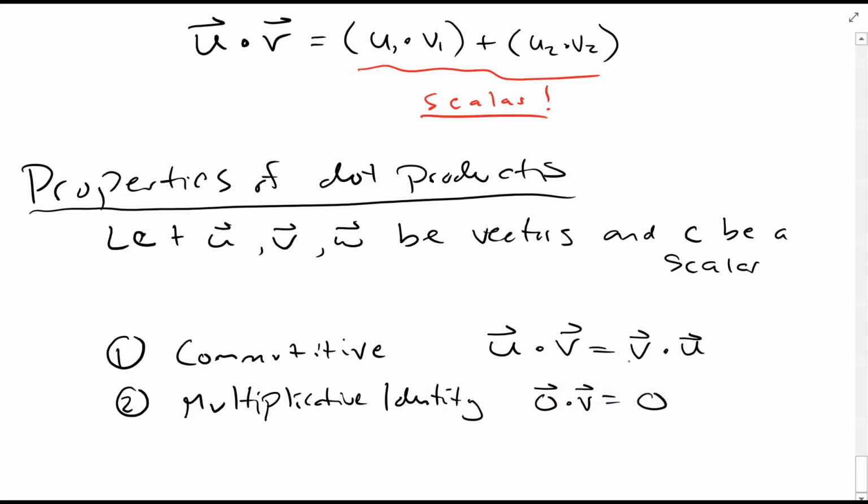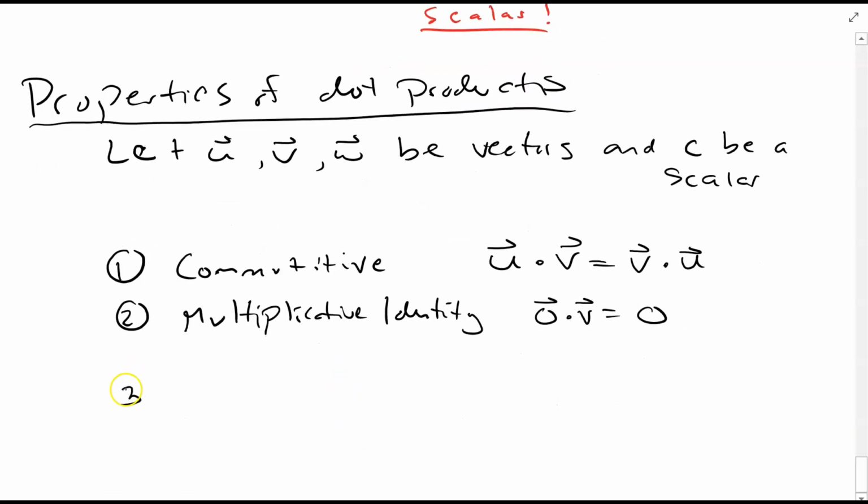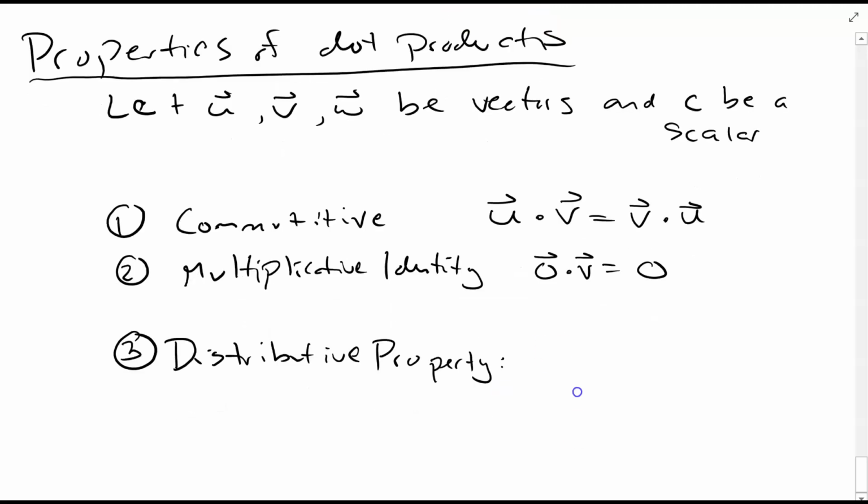The second is the multiplicative identity that says the zero vector dot any vector is just going to be 0. There's a distributive property for the dot product.